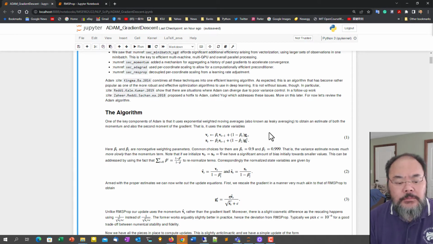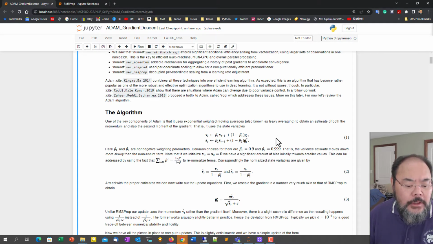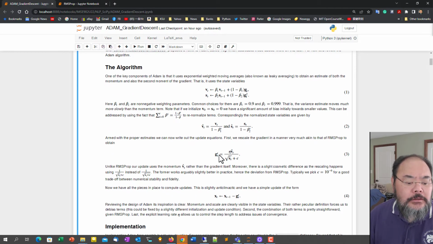So we can calculate the corrected first order and corrected second order momentum, V hat and S hat. V hat is the current momentum Vt divided by 1 minus beta 1 to the t, and the second order momentum is St divided by 1 minus beta 2 to the t.